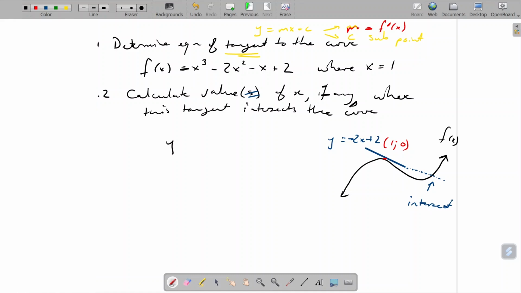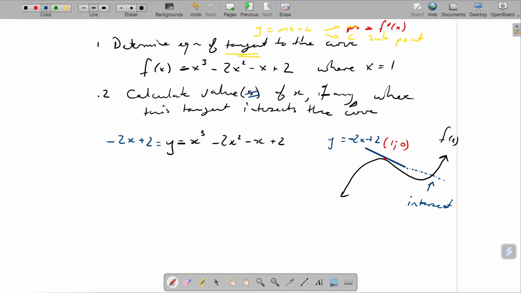So on the one hand, I've got y equals x cubed minus 2x squared minus x plus 2. On the other hand, I have that this is equal to minus 2x plus 2. We know that these things are equal because they told us that this is an intersection point.